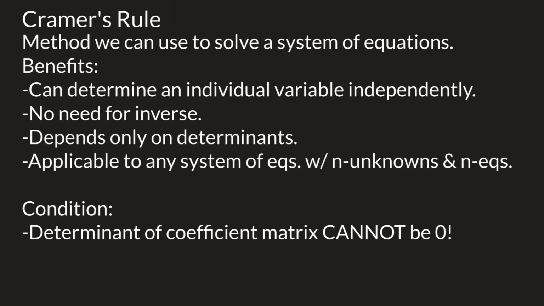So you're saying, okay, that's cool. What else is a benefit? Well, by now you know what inverses are and what it takes to compute an inverse. And let me tell you right now, it's not fun. Even using Gauss-Jordan elimination, we have to start from the original coefficient matrix and augment it with the identity matrix.